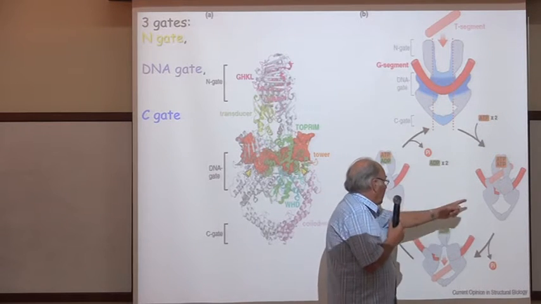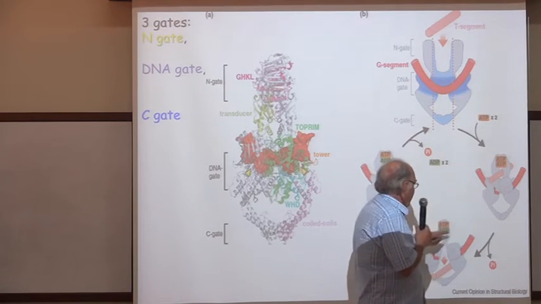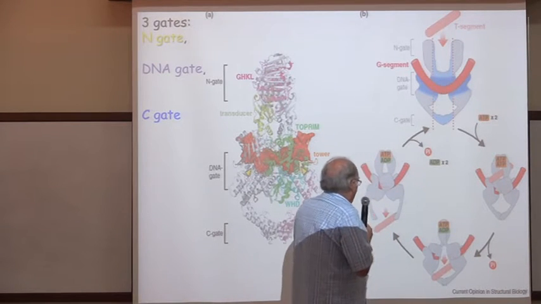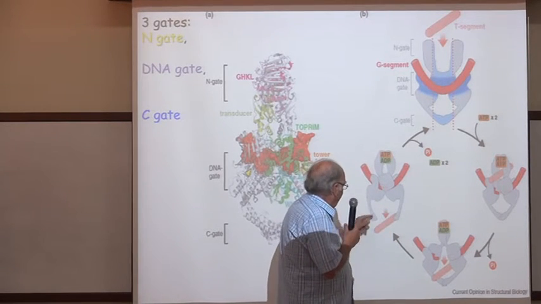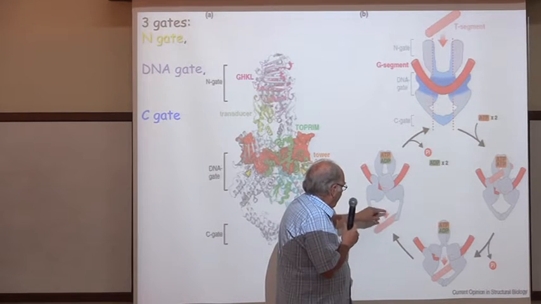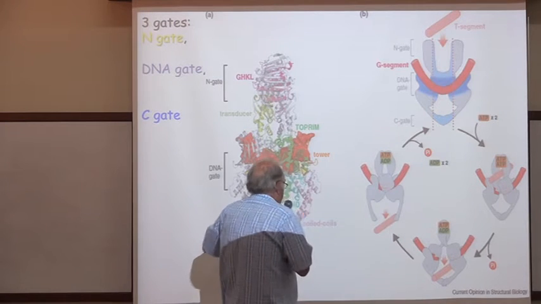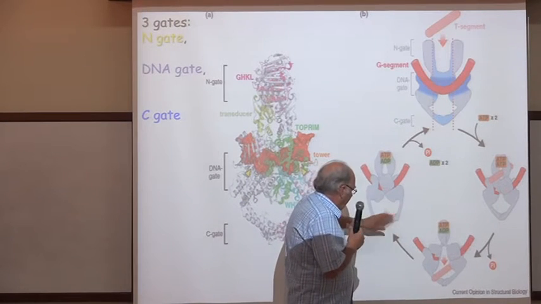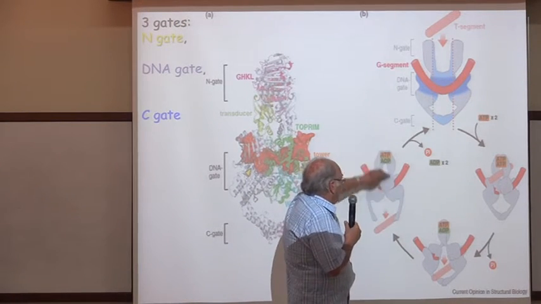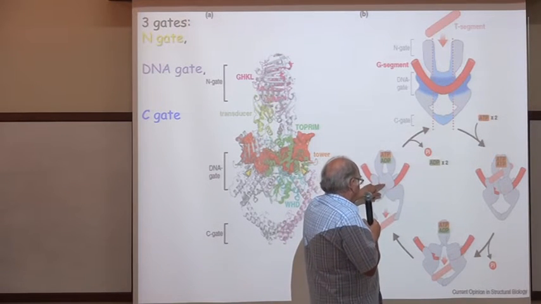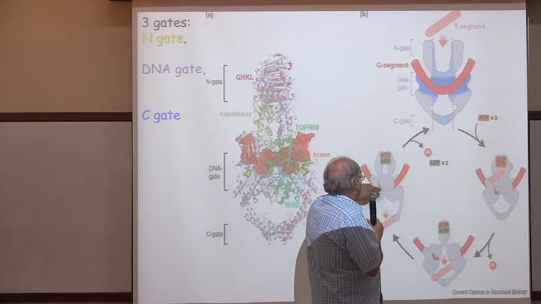And then in this process, the ATP is hydrolyzed to ADP. And then in the last step, this bottom structure, the C gate, opens up to release the DNA which has been passing through, and then the whole thing is religated, reconnected.